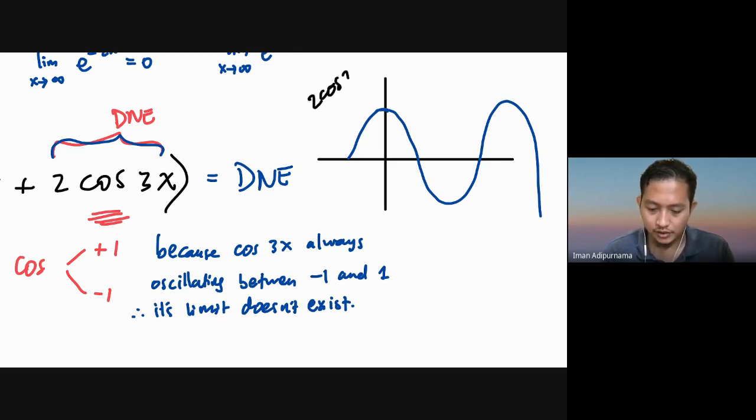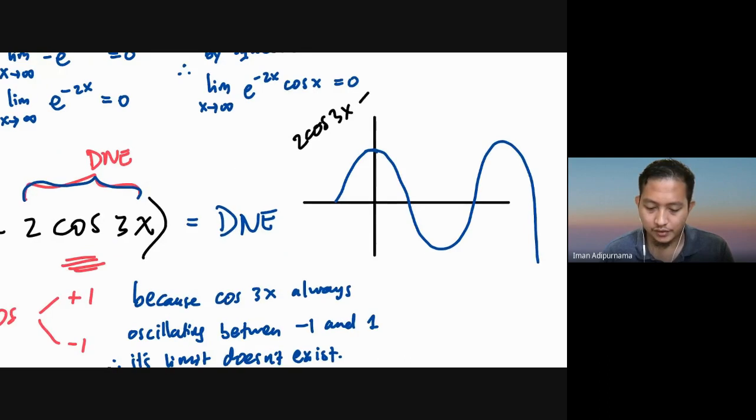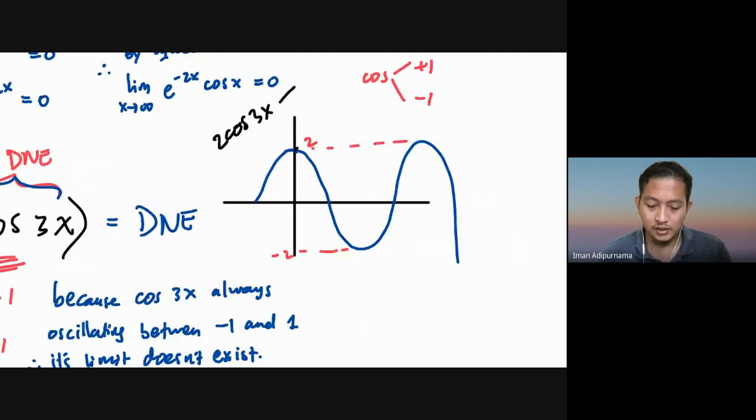Because cos has positive 1 and negative 1, multiplied by 2, it will be 2 and negative 2, right? So 2 cos 3x is always between these two numbers.